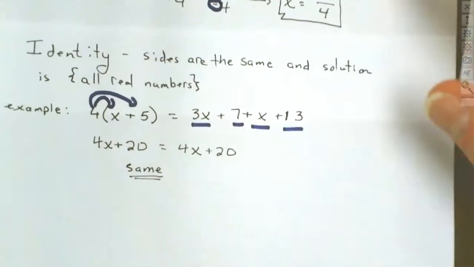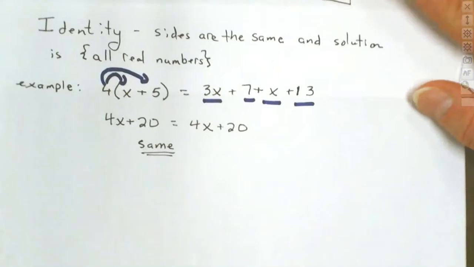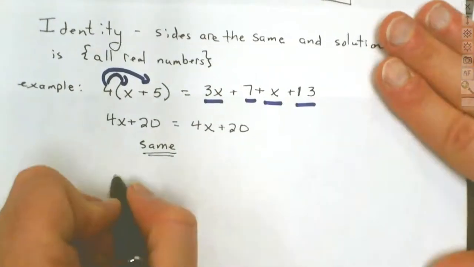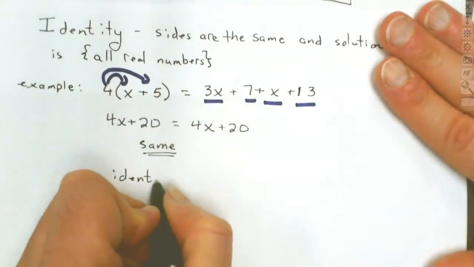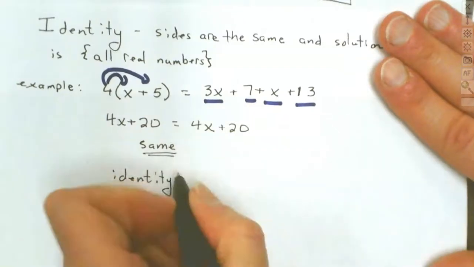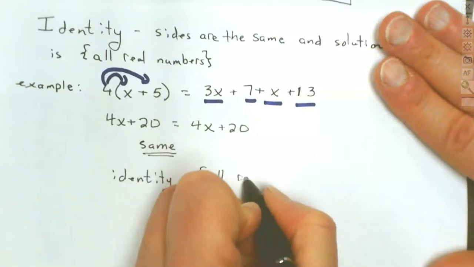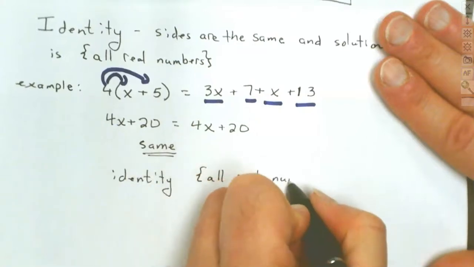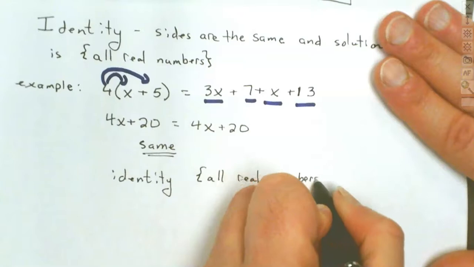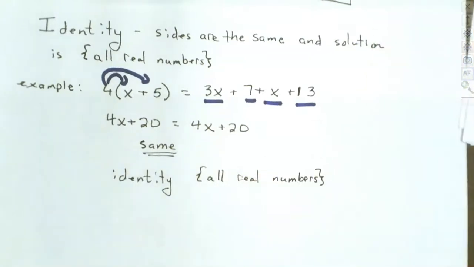Since those are the same, this is called an identity. And the identity has the solution, all real numbers. So that's what we're going to call our answer: identity, all real numbers.